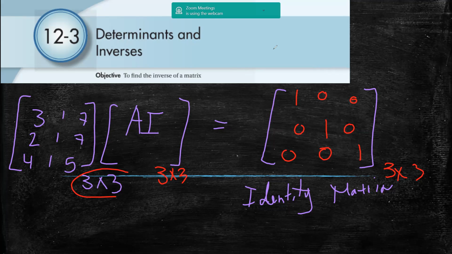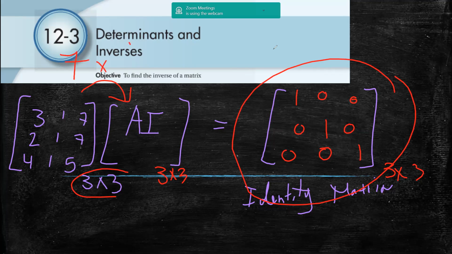What is an inverse? We will learn how to find it. If you multiply any matrix with its inverse, you get an identity matrix, like a number with its reciprocal gives 1. The 1 here we call an identity matrix, but not reciprocal. I say it is inverse.